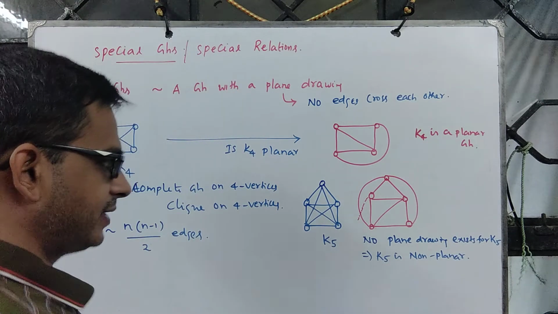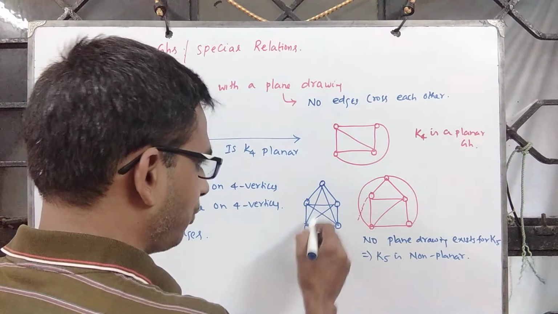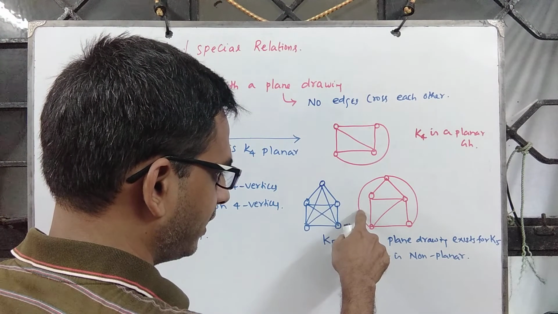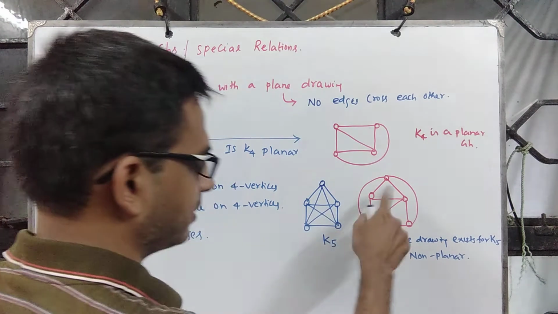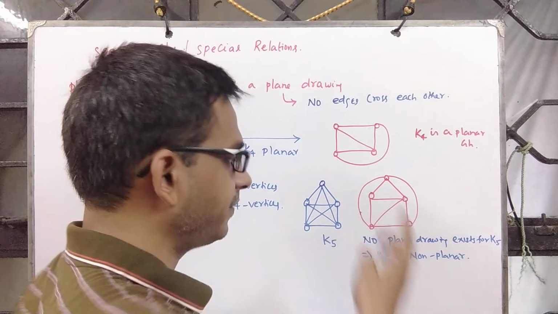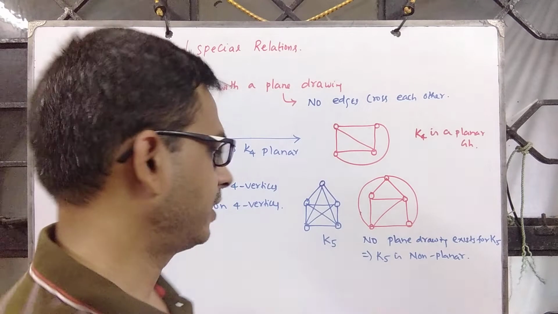But interestingly, if you just drop one edge, because we had difficulty in drawing the last edge, right? Except that edge, every other edge we were able to draw, correct?